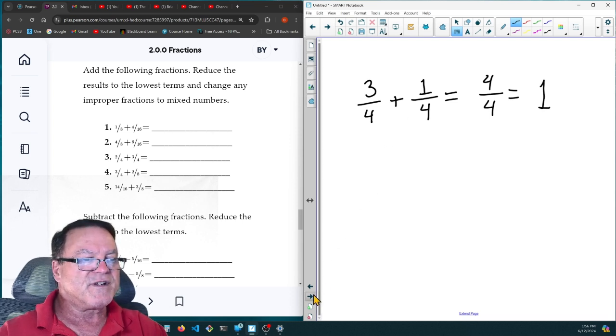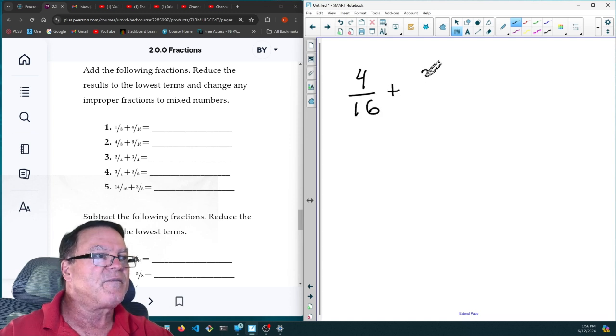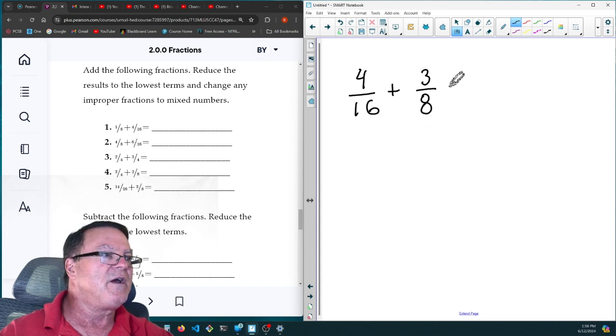So 4/16 plus 3/8. There again, we have 4/16 plus 3/8. Well, I guess I could double this. I could multiply it times 2 over 2 and get 6 over 16. That's fine.